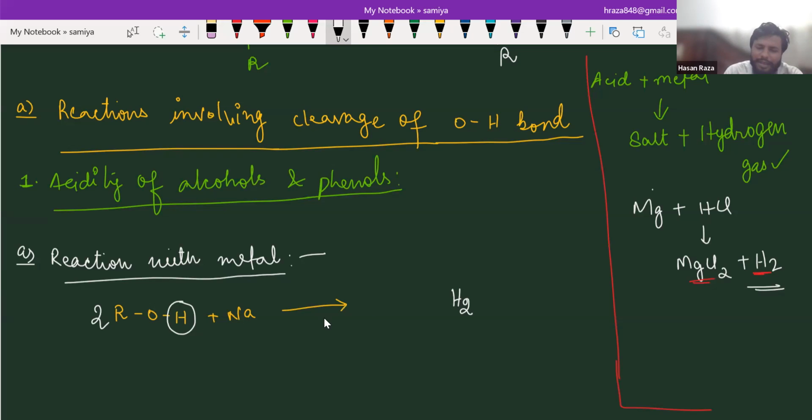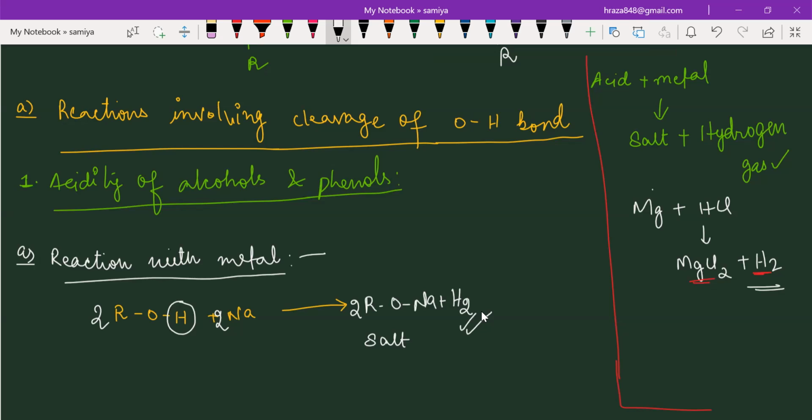H will be replaced by Na, that means RONa. To balance it, just make it 2. This is our salt and this is our hydrogen gas, evolution of hydrogen gas. Is that clear? Yes, sir. Please write it and let me know when you are done with this.